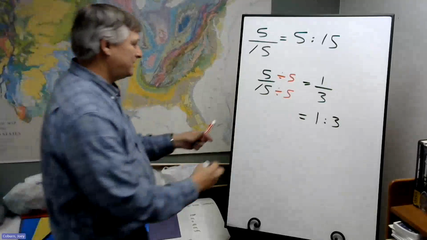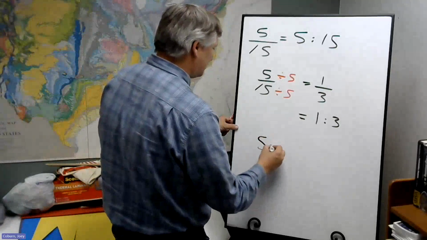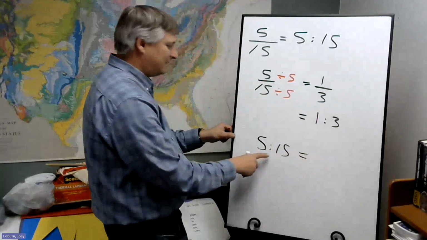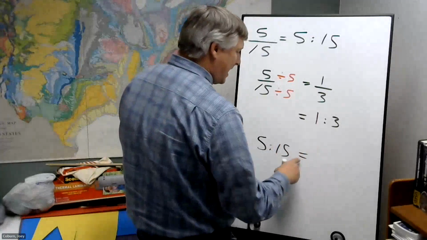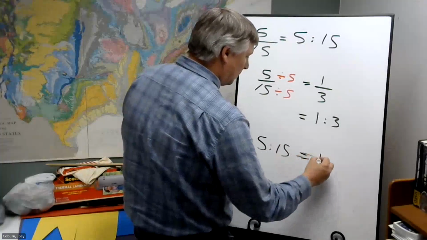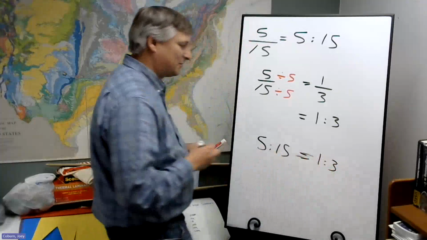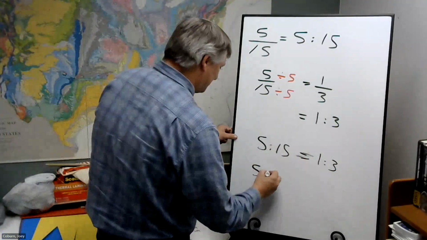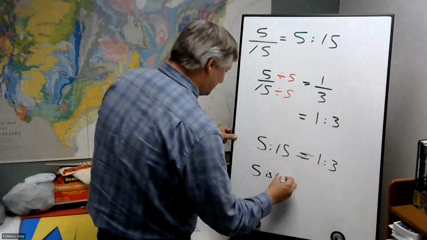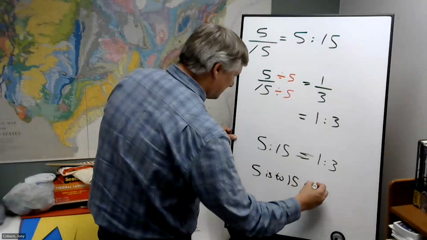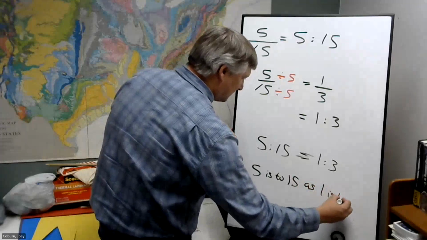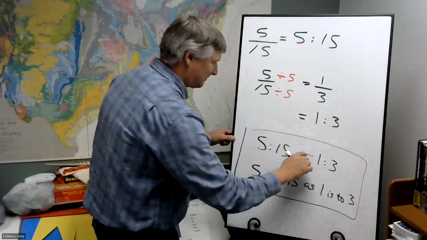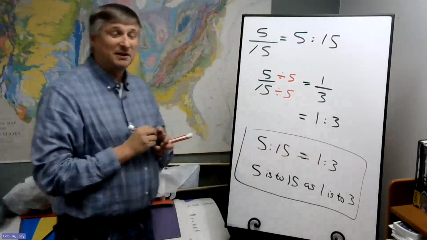So we can actually say that 5/15, or as we typically like to say, 5 is to 15 as 1 is to 3. It's a way of saying it. Say something like that.